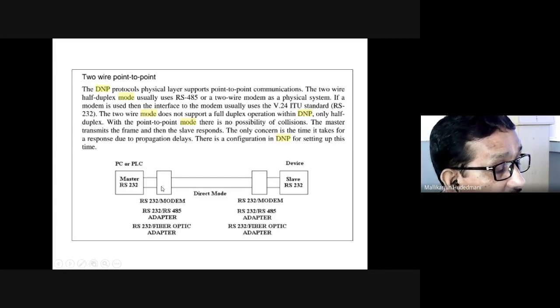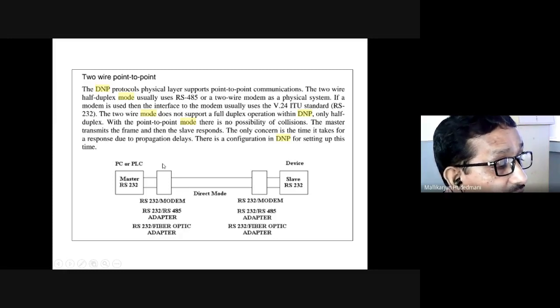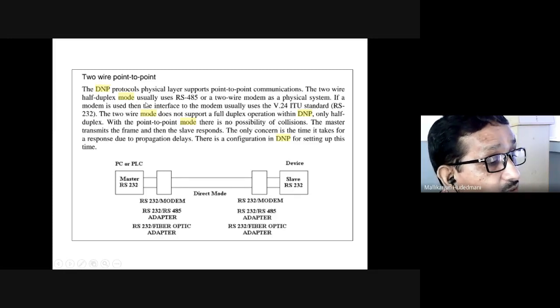So this signal converter may be RS232 or a modulator-demodulator, or it can be RS485, or it can be a fiber optic cable which can communicate end to end. This way, the mode of communication shall be 2-wire point-to-point, wherein only half duplex is possible.